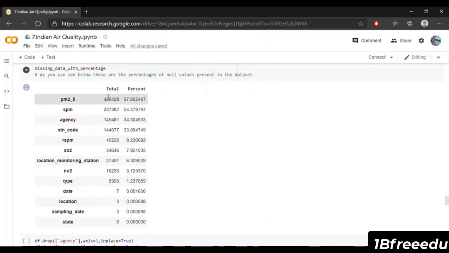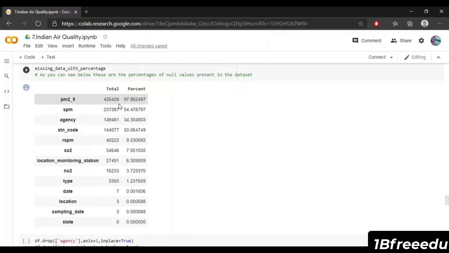So over here in this column called PM2_5, there are around 4,26,428 missing values, which account to around 98% missing values in that column. So in this particular data set, this column PM2_5 has 98% missing values.